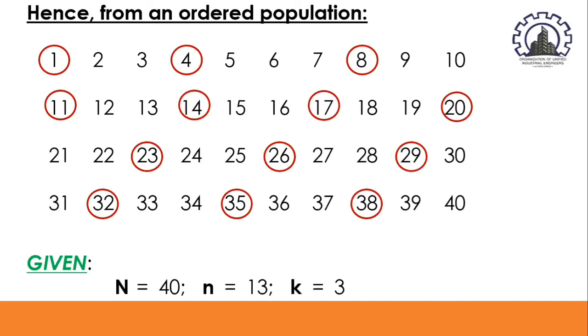So if you will try to count, if this is 13 all in all, so we have 1, 4, 8, 11, 14, 17, 20, 23, 26, 29, 32, 35, and 38. And yes, we have finally selected 13 students out of 40 population. All right, so this is what we call as systematic sampling.